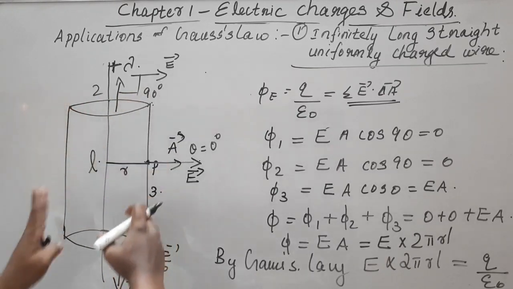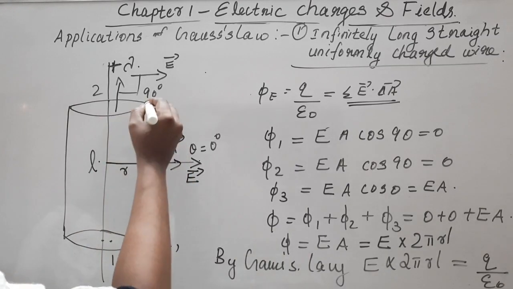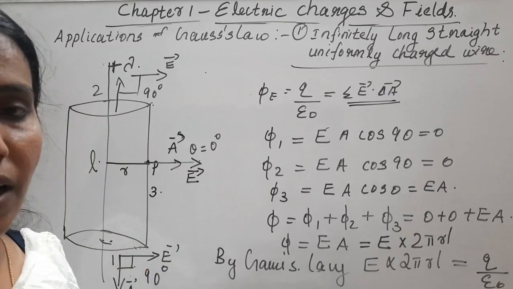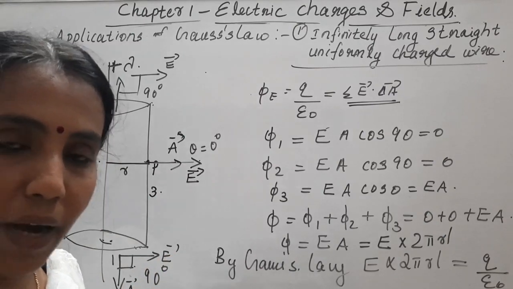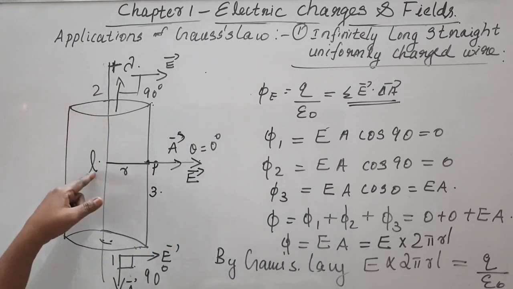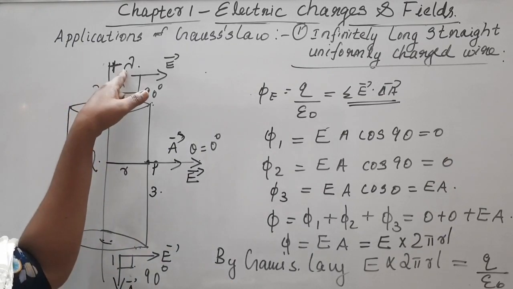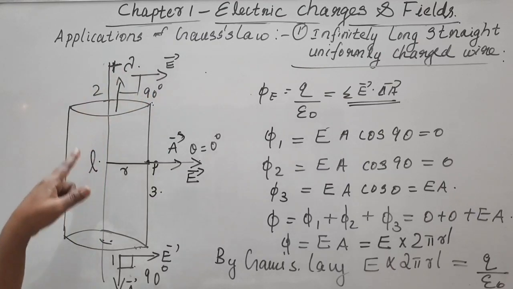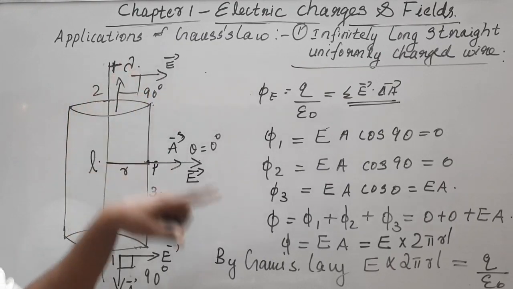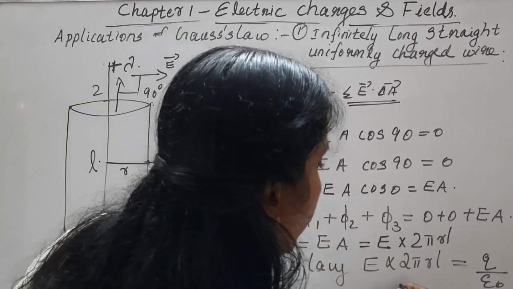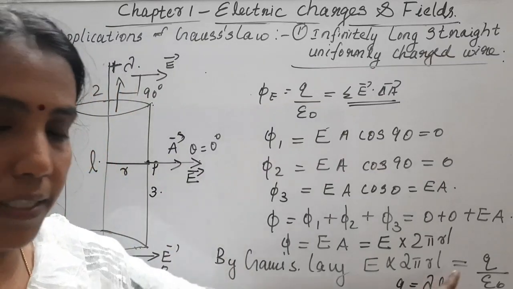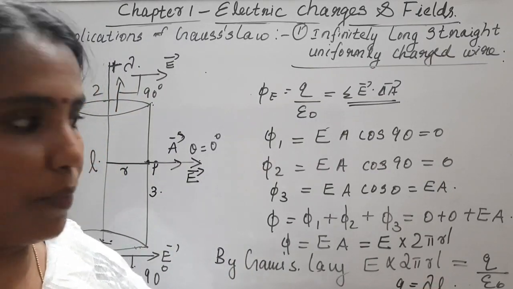And what is the charge enclosed by the surface? For this much length of the cylinder, how much charge is there? That's what we mean by charge enclosed by the surface. The length of the cylinder is L and the linear charge density is lambda. So in this case, Q will be equal to lambda into L.